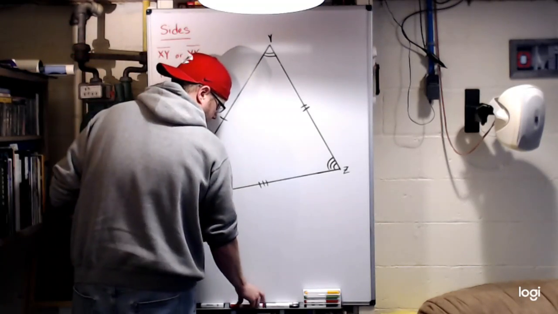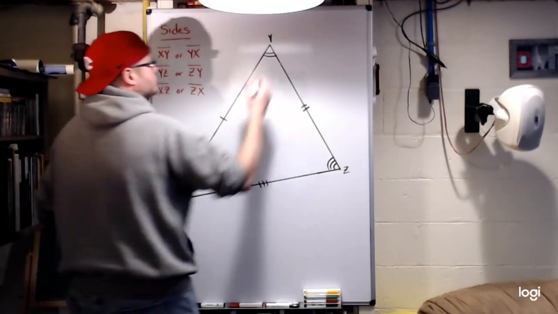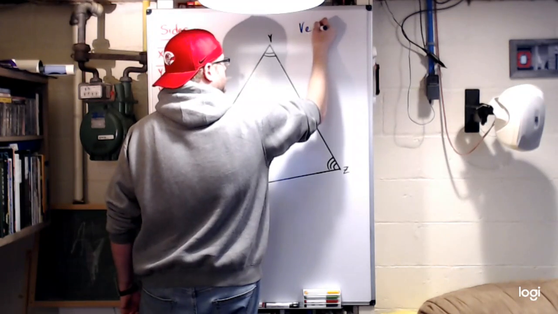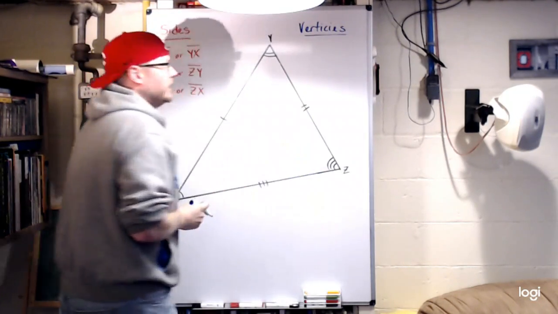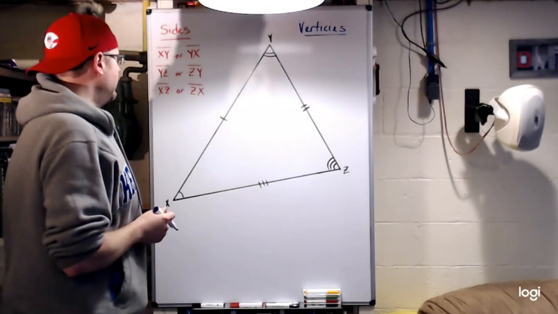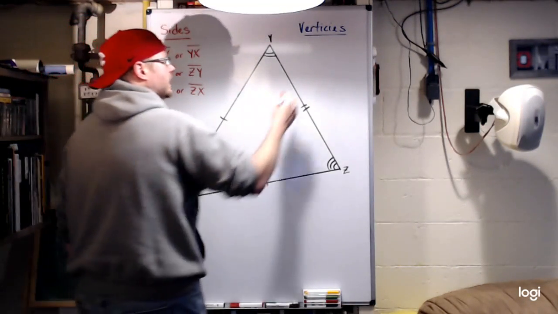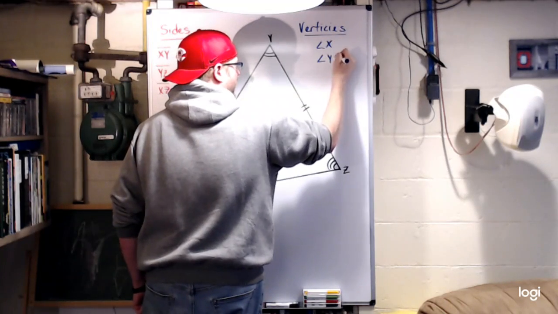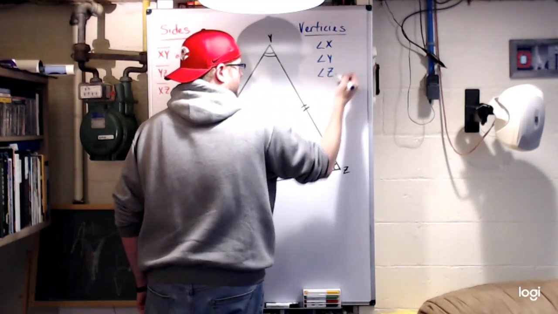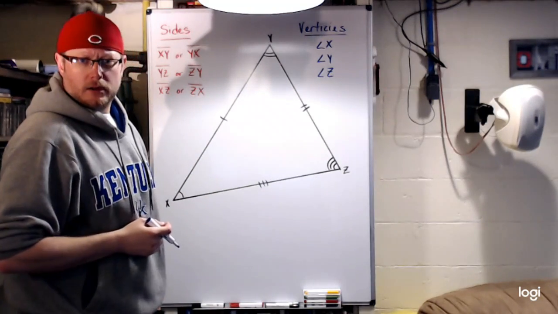Now, it also has 3 vertices. So we have vertices of the triangle. And this one has 3 of them. So we can say angle X, angle Y, and angle Z in this case. Right?